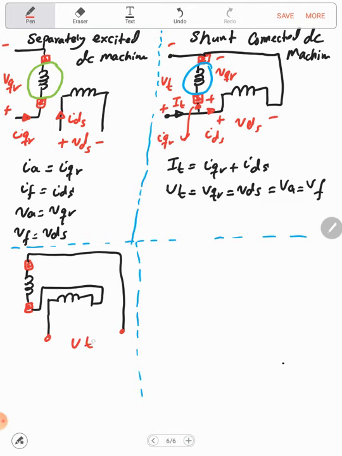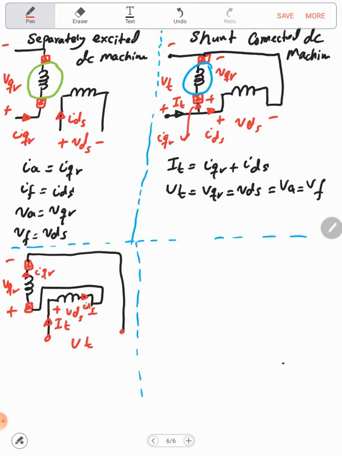So this will be the V terminal, this will be the I terminal, plus minus V ds, this will be the I ds, plus minus VQR, and this will be the IQR.